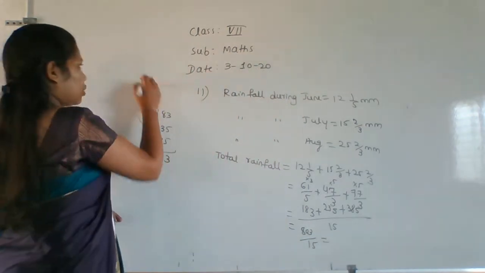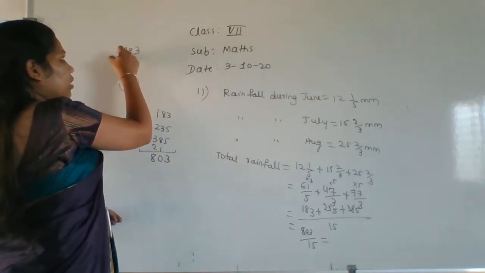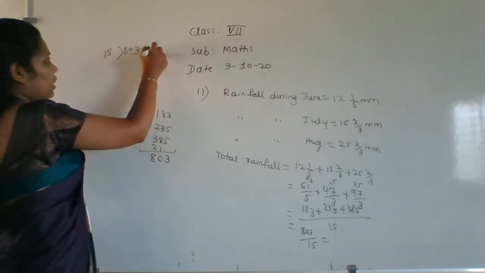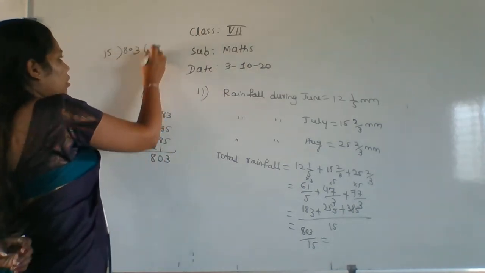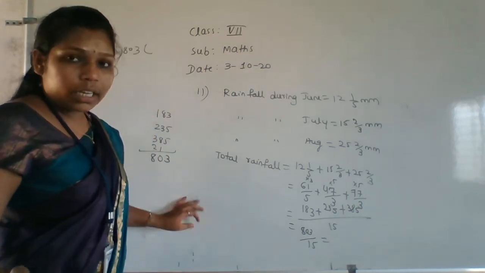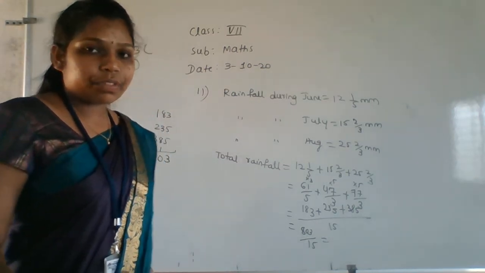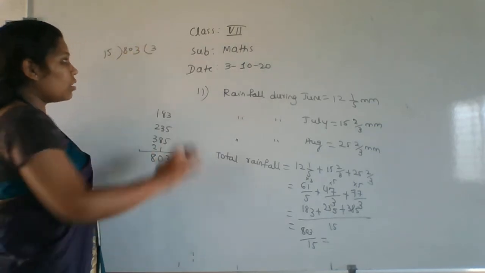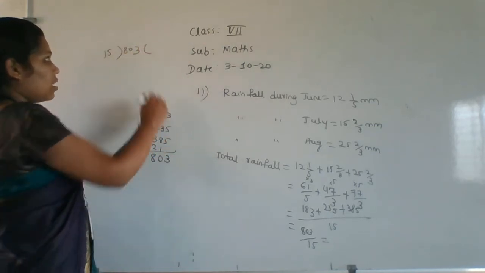Convert into a mixed fraction. 803 divided by 15. 15 on the 15, 15 to the 30. 15 3s are 45, 15 4s are 60, 15 5s are 75.